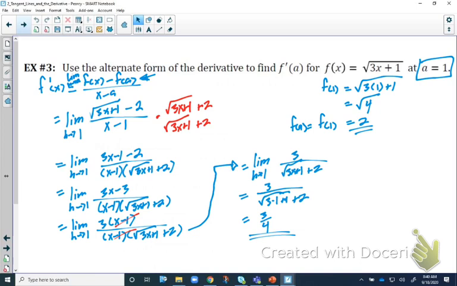So the slope of the curve for this particular function, when a is equal to 1 on the x-axis, will have a slope of 3/4 to be tangent to the curve at 1. And that's how we're looking at the alternate form of the limit definition of the derivative. One gives us typically an expression, the other typically a number.